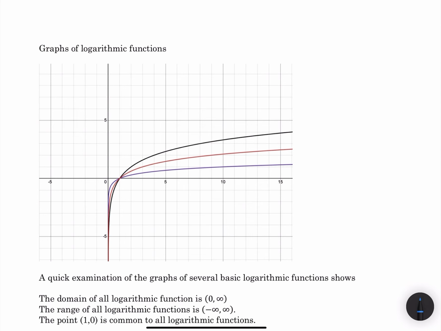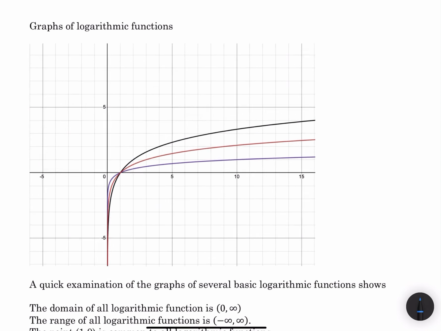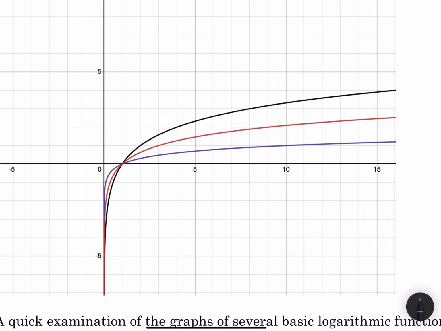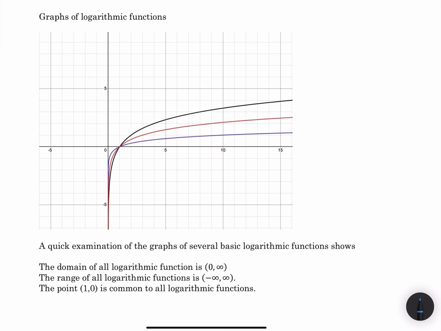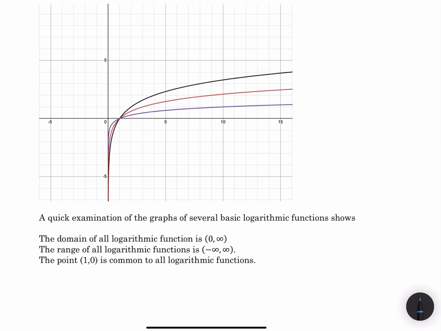So because logarithms are inverses of exponential functions, the domain and range are going to just flip. The range for basic exponential functions is 0 to infinity. So we'll make a note here. This is the range of, I think we called it, b to the x.